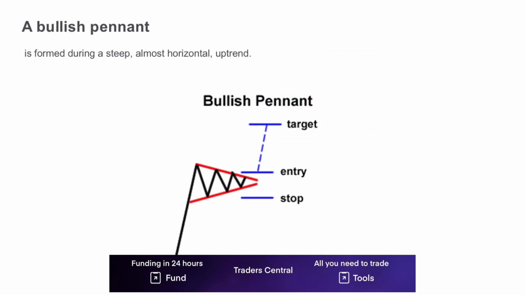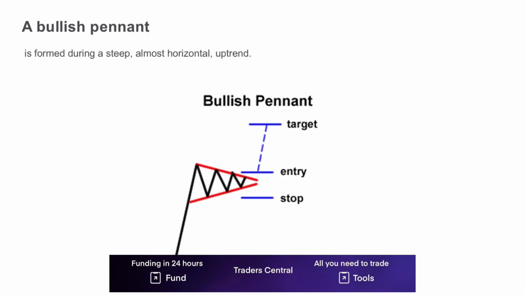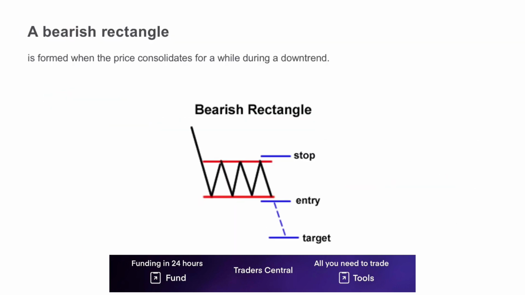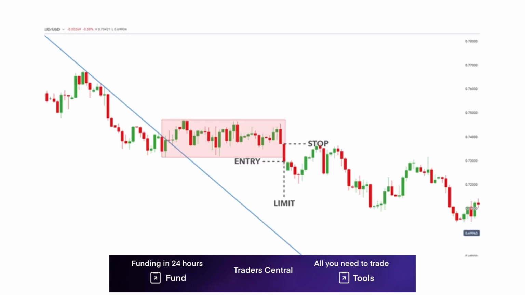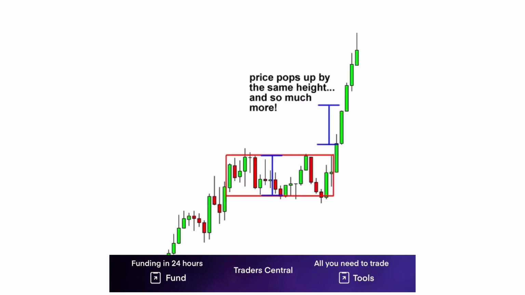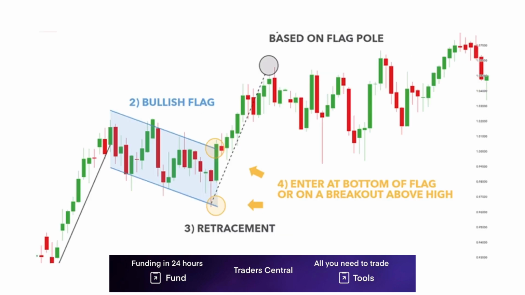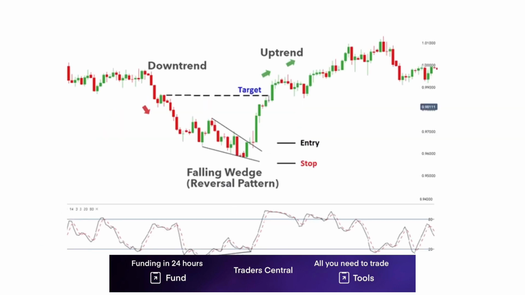Then this is the bullish pennant, which represents the market to continue going to the upper side. Then from there we have the bearish rectangle, which represents continuation to the downside. Then we have the bullish rectangle, which represents the market to continue going up. From there we have the bearish flag, which is also continuation, and the bullish flag, continuation.